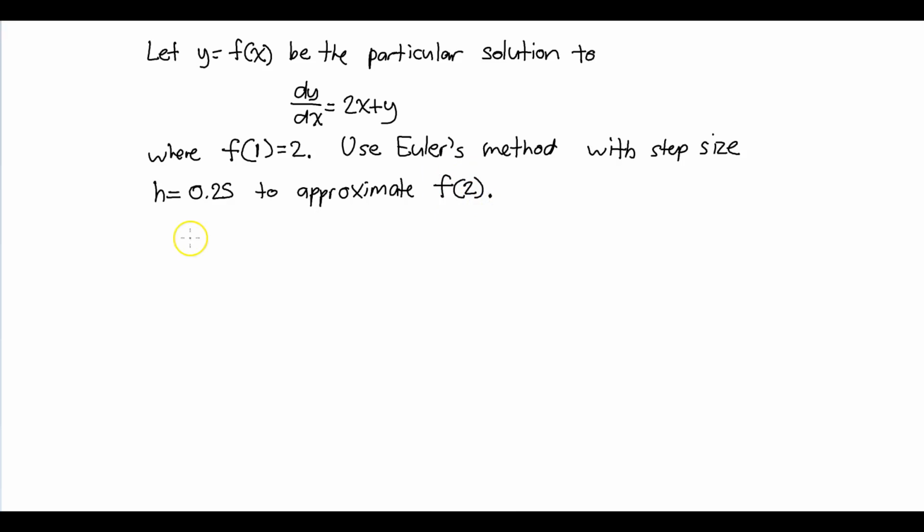So we have our initial point, 1, 2. Okay? So what's dy/dx at 1 comma 2? Well, dy/dx at 1 comma 2 equals 2 times 1 is 2 plus 2 is 4. Okay, and our step size is 0.25.